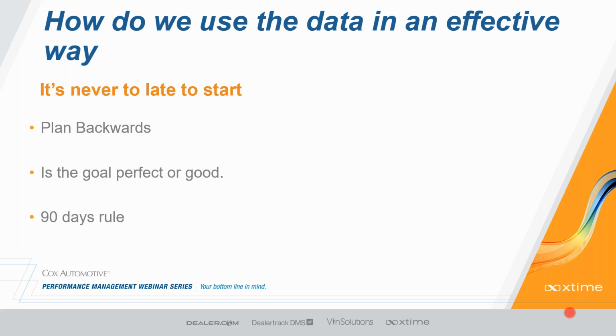But not only that, how are we going to use the reporting to drive the results? And in addition, is our goal in the beginning perfect or good, right? Because the end result, you would want perfect, but there's going to be all these things that happen up to that are good, and we build off those, and we get better each time.